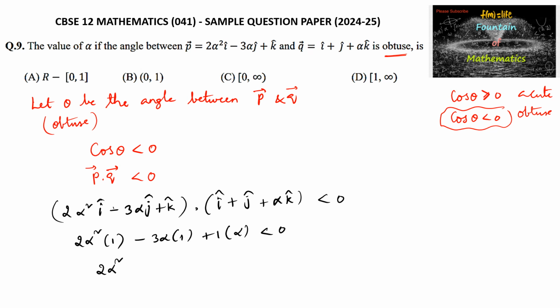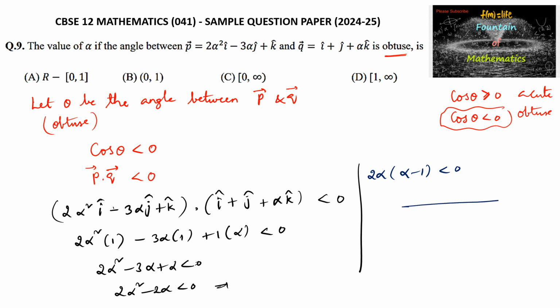That is 2 alpha square minus 3 alpha plus alpha is less than 0, or 2 alpha square minus 2 alpha is less than 0, which implies that 2 alpha taken common, alpha minus 1 is less than 0. By using the wavy curve method, alpha is 0 and alpha is equal to 1. So negative for 0 to 1. So alpha must belong to 0 to 1. So we can go with option B.